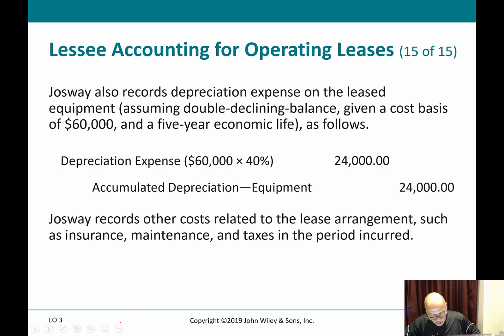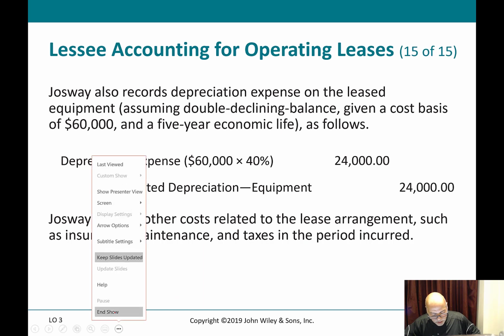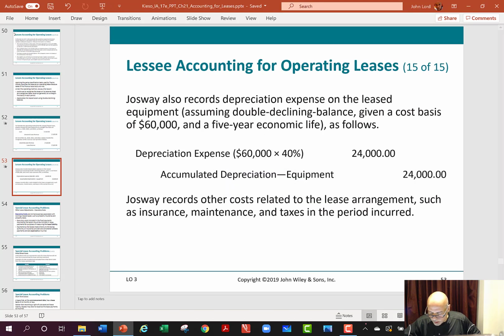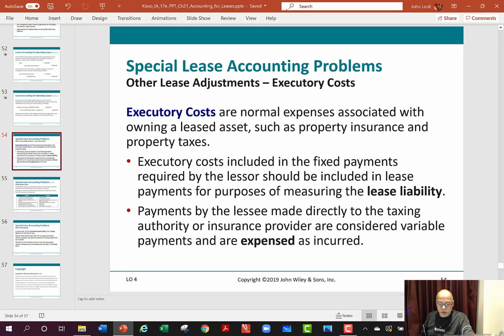Okay. All right, good. So let's just take a look at a couple of additional factors, particularly dealing with executory costs that you can see on that next slide. Okay, so let's look at executory cost.